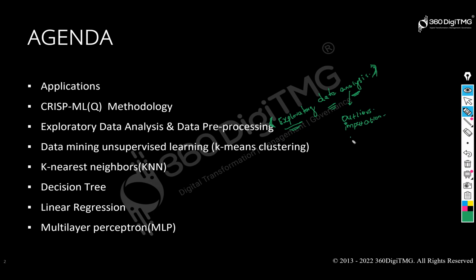We have discretization. There are a lot of techniques, around 10 or so, in data analysis. We will perform all these things to get a good amount of data. So now let us assume you got the good amount of data.